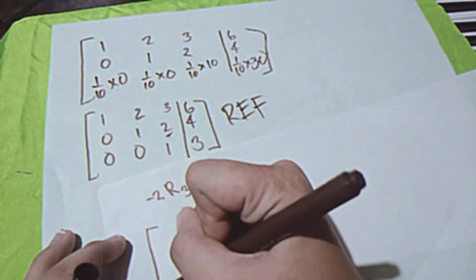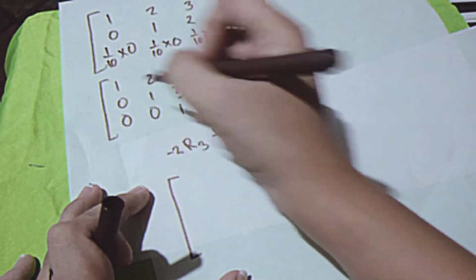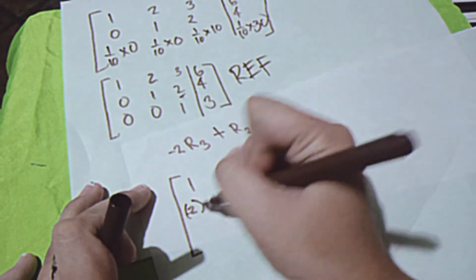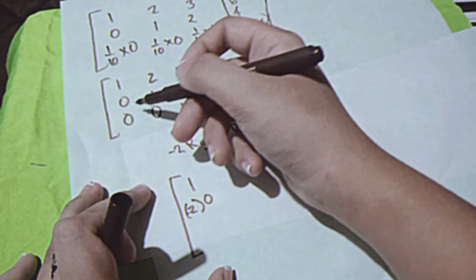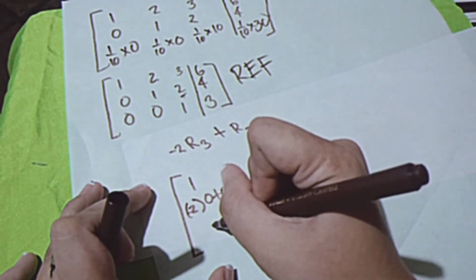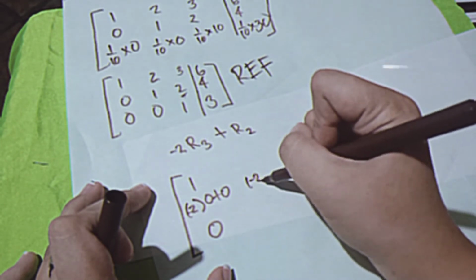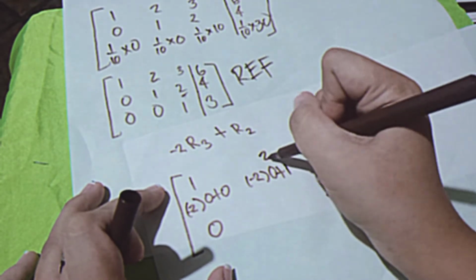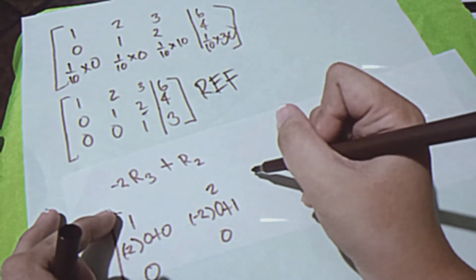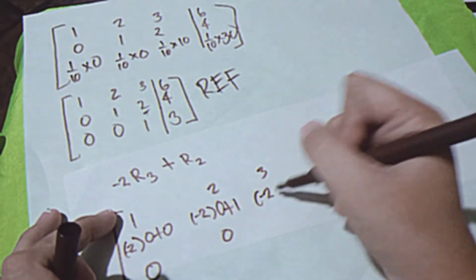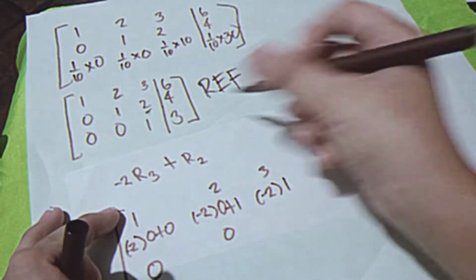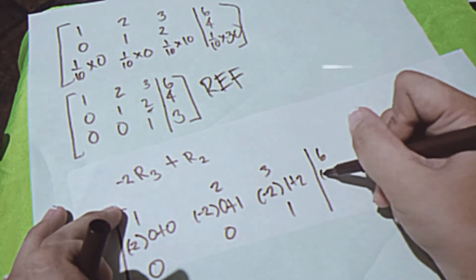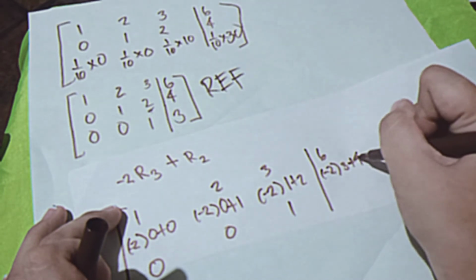So, copy natin itong 1, then negative 2 times 0 plus 0, then copy, then negative 2 times 0 plus 1, and then 2, 0, and then 3, negative 2, then 1 plus 2, then 1, 6, so negative 2 plus 4, 2.